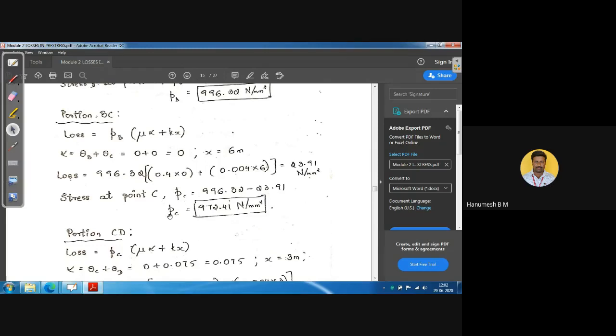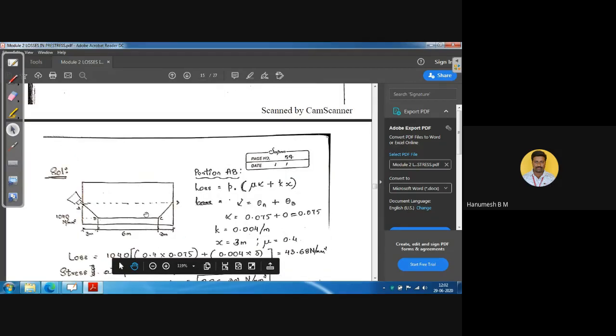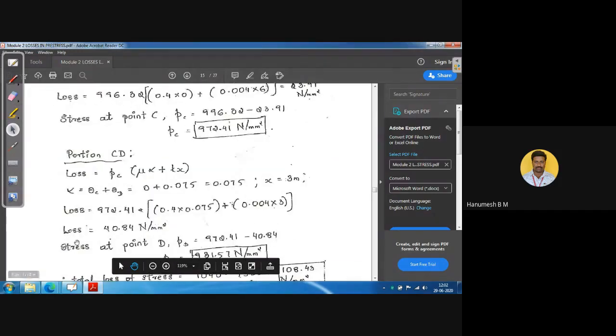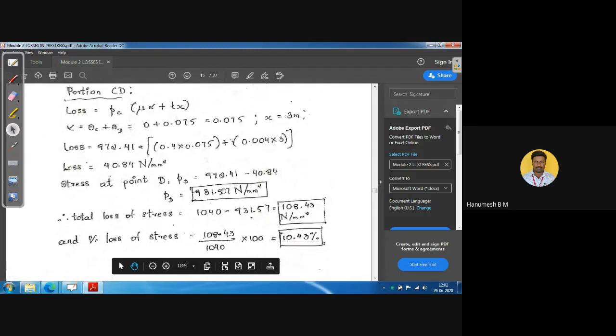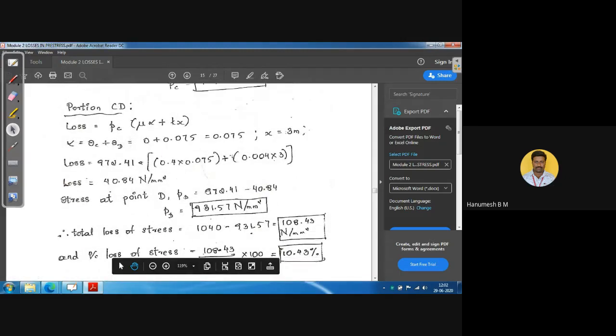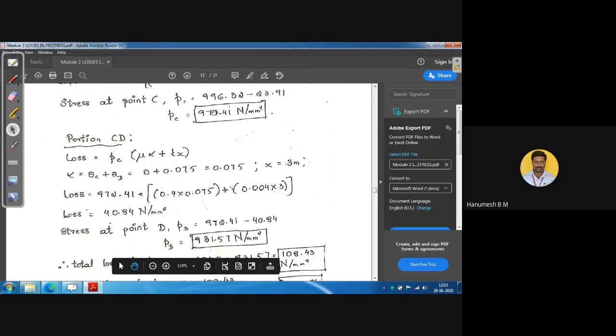Now this stress value will become the initial stress value for the remaining portion. Remaining portion ಯಾವುದಿದೆ CD portion ಇದೆ. ಅದಕ್ಕೆ P naught value ಎಷ್ಟಾಗುತ್ತೆ, this is the value 972.41. Now we are going to consider the portion CD. Expression remains the same. Loss is equal to PC into mu alpha plus Kx.